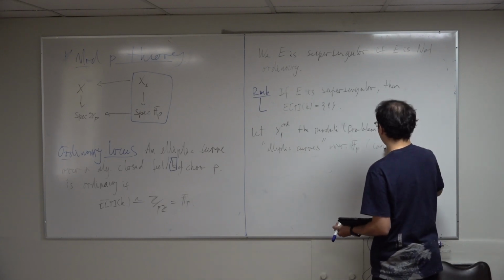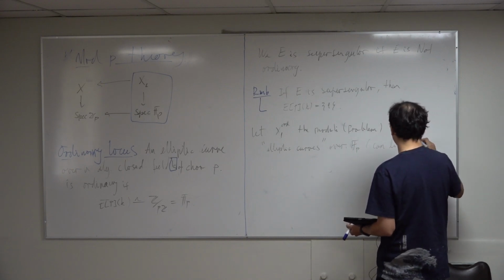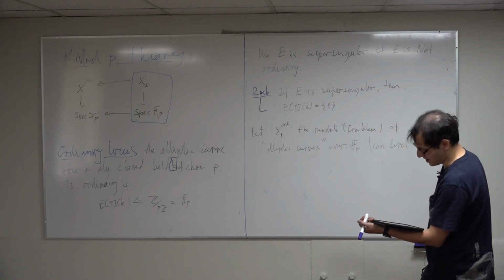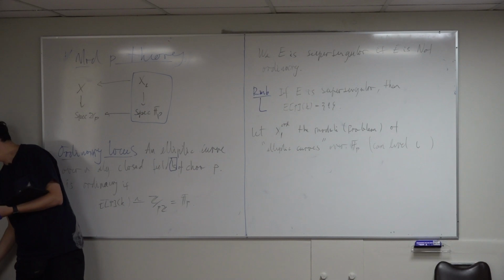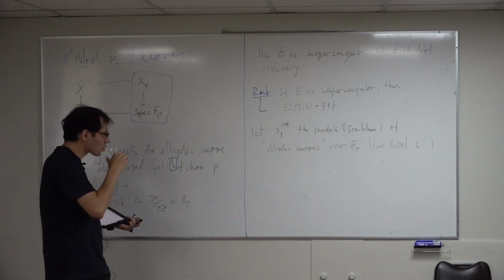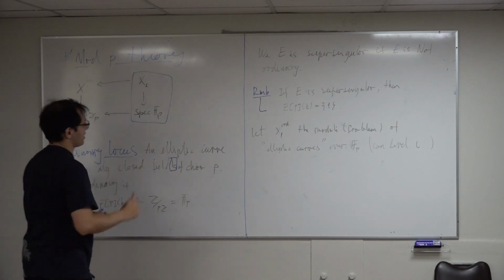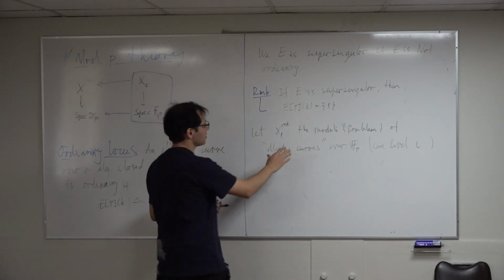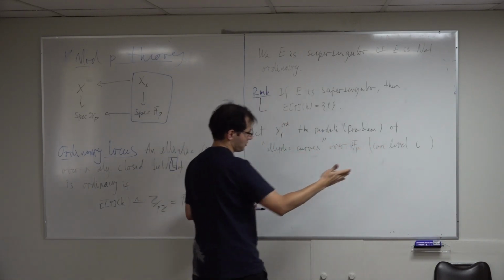With level, we say we're going to ignore this. With level iota, but I just put it here in parentheses because this is just fixed. So this is the moduli problem of elliptic curves over F_p with level iota.